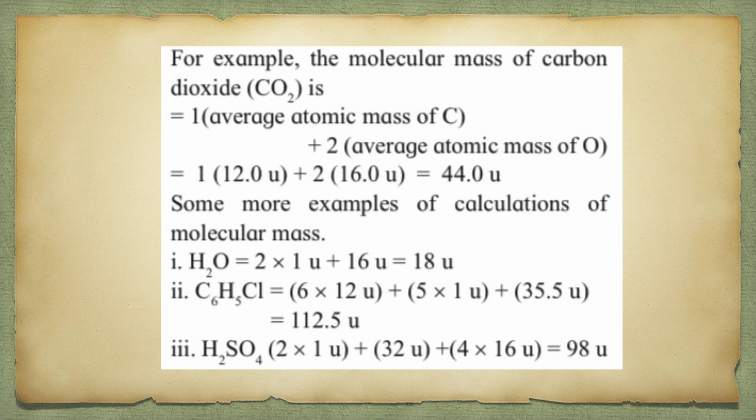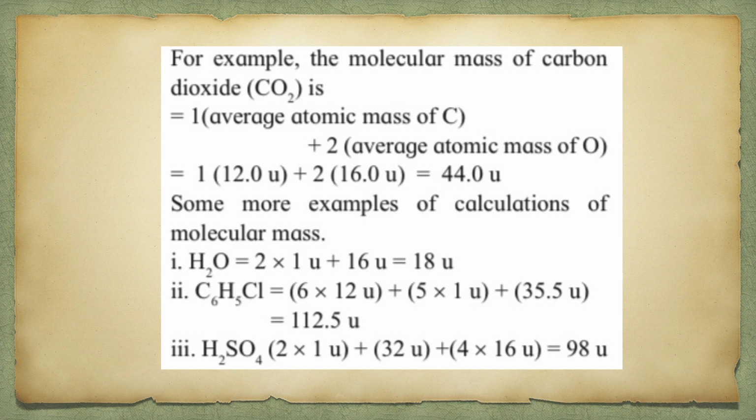So it is equal to 1 into average atomic mass of carbon, where 1 is the number of carbon atoms, plus 2, which is the number of oxygen atoms, into average atomic mass of oxygen.